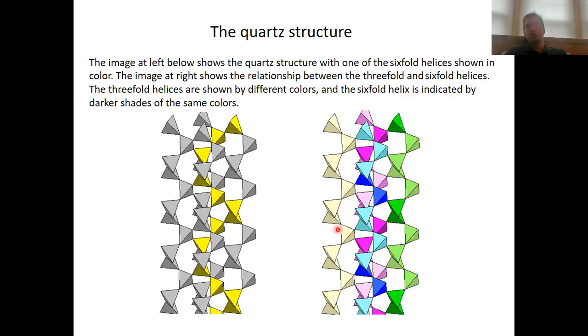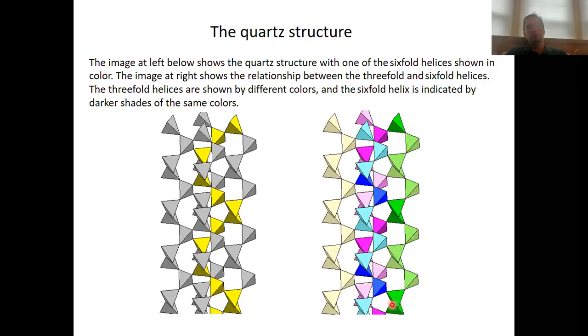So you see here in different colors, again, the 3-fold screw axes. Okay, so for instance, these blue ones here belong to a particular 3-fold screw axis. These purple ones belong to a particular screw axis. And these green ones also belong to a particular screw axis. Okay?